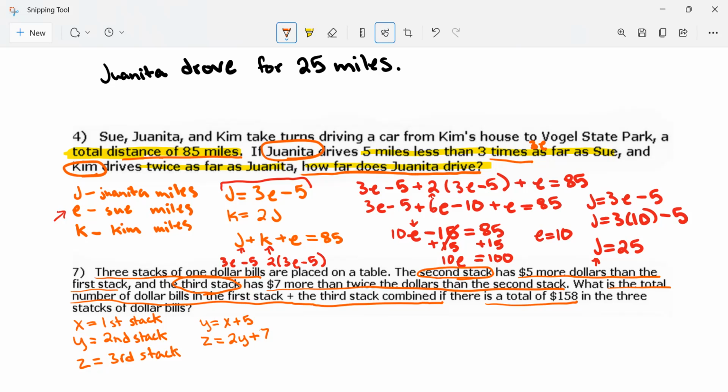Now, the one that they want is the total number of dollar bills in the first stack and the third stack combined. There's a total of 158 in the 3 stacks of dollars. So we know that z plus y plus x is equal to 158, because that's the total in the 3 stacks. Knowing these 3 equations, we can start solving for one of the variables.